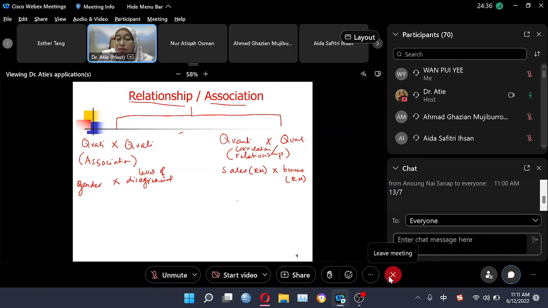So then we are going to learn this one. If we have two variables, then we can use correlation, and we can also use simple linear regression. We are going to learn all this.